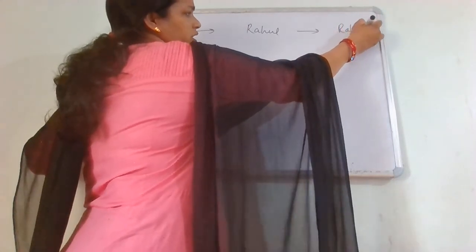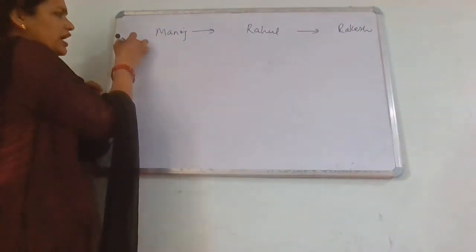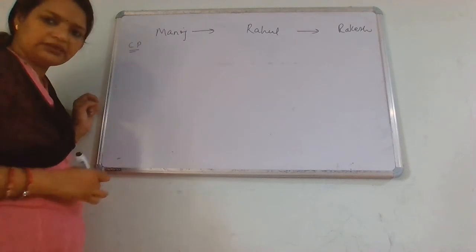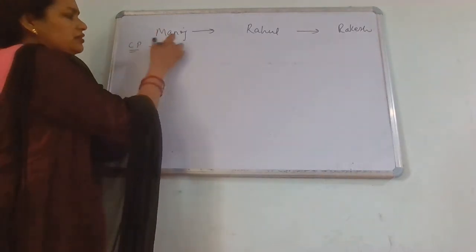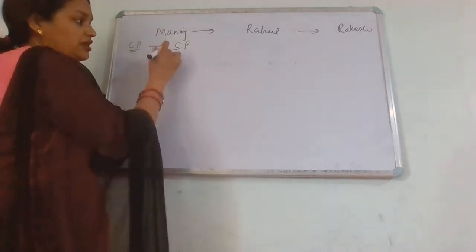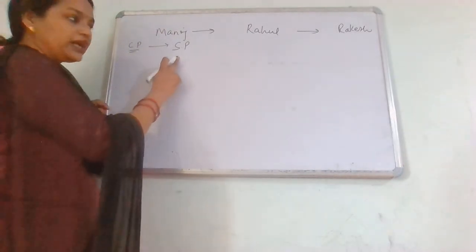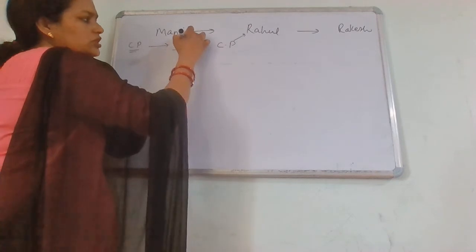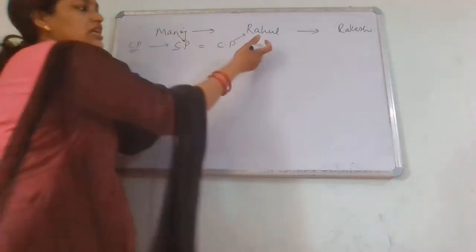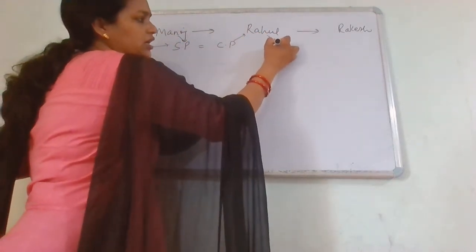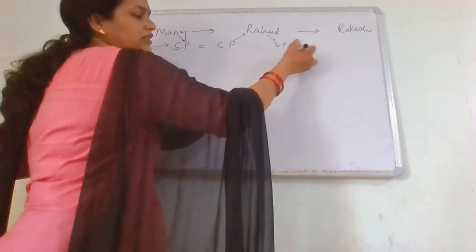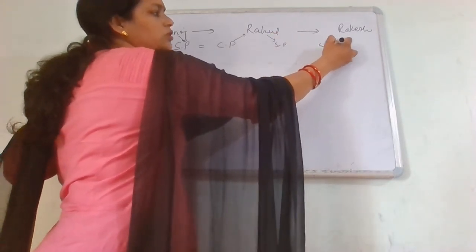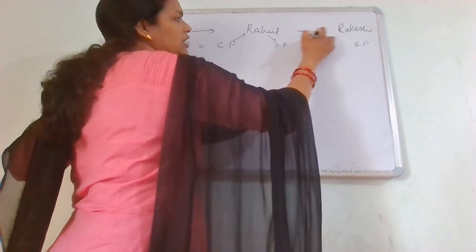So here students, you can see he buys some item, and then its selling price is there. So whatever Manoj's selling price is, that is equal to cost price of Rahul. So these two terms are equal. Then Rahul will sell, and this selling price is equal to cost price of Rakesh.